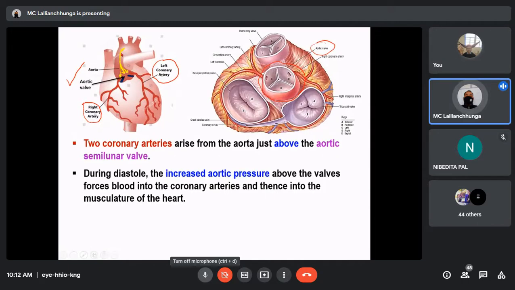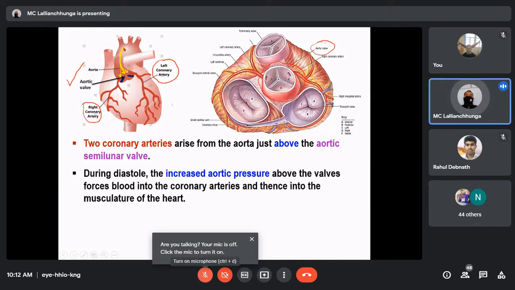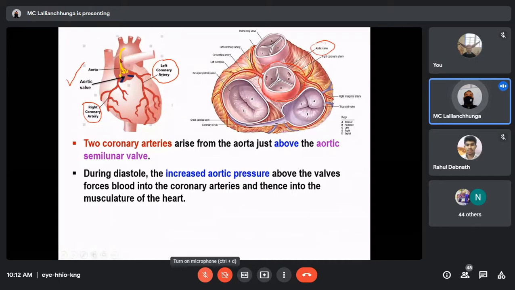Actually, this is the direction of blood flow during the diastolic period. During diastole, the pressure inside the aorta is higher than the pressure inside the ventricle. So in this condition, blood will try to flow back towards the ventricle.